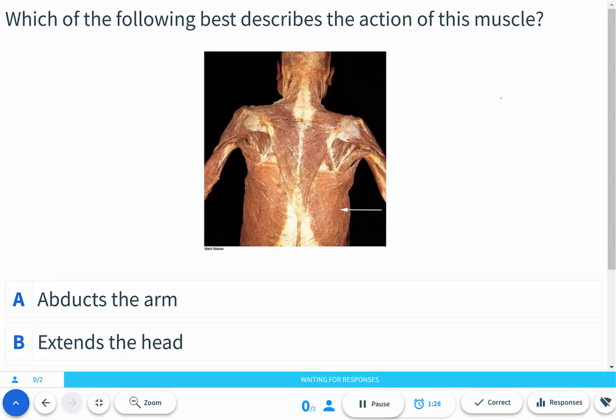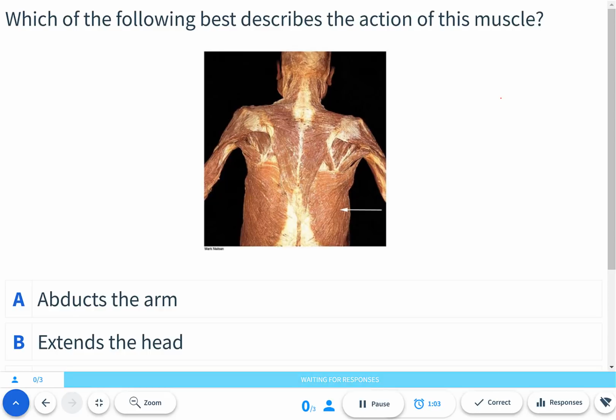Which of the following best describes the action of this muscle? First of all, you have to identify the muscle. The muscle here is latissimus dorsi, the wide flat muscle of the back. A, abducts the arm. It doesn't abduct the arm. On the contrary, it adducts the arm. It's attached to the back, the iliac crest, and extends anteriorly to the humerus.